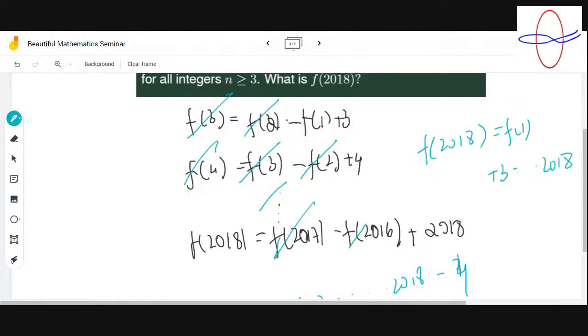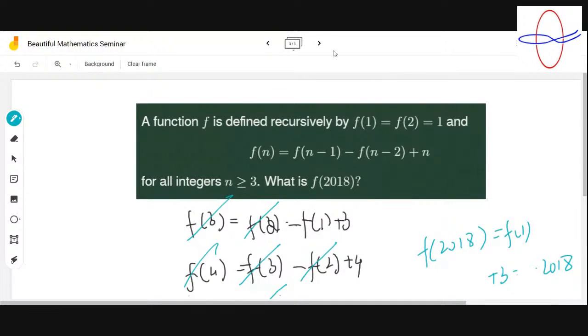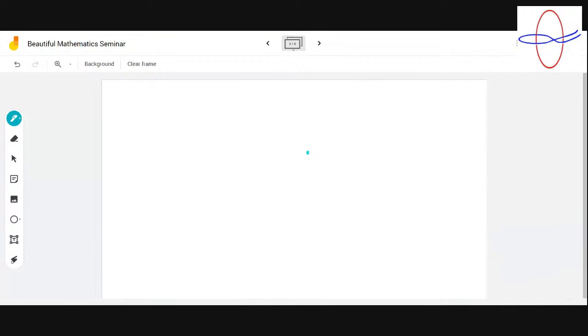Where is it wrong? Minus 2f of 2016 is getting cancelled here, right? Oh, let's see once again.